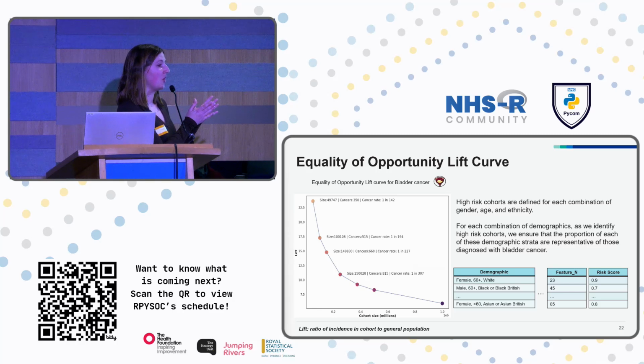This was mainly only looking at gender, age, and ethnicity. Part of the reason deprivation came off this is because when we did the sensitivity and specificity analysis, it had less of an effect compared to these. And once you start going into the smaller strata, it gets quite hard to manage your proportions. So we decided to focus mostly on these variables.